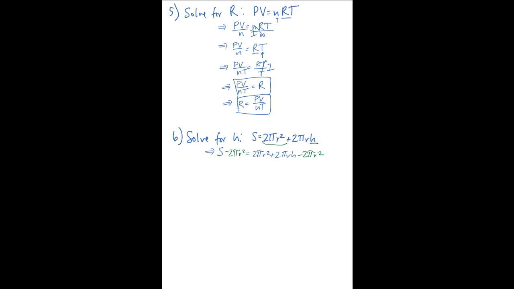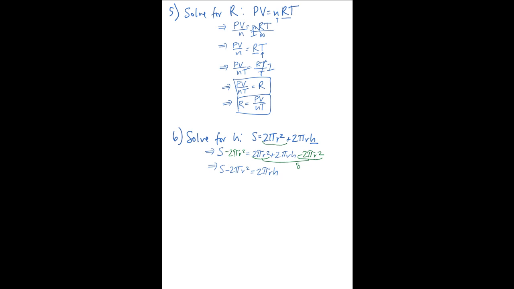So I have S minus 2 pi r squared, and here on the right I have 2 pi r squared minus 2 pi r squared. That's going to get me 0. So what I end up with is S minus 2 pi r squared equals 2 pi r h plus 0, which just gives me 2 pi r h.